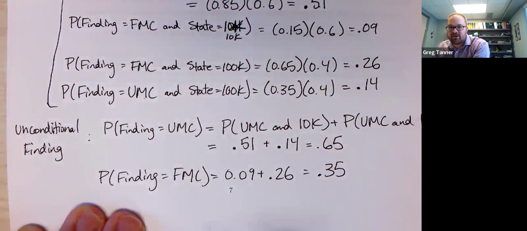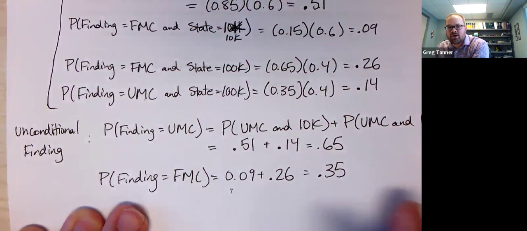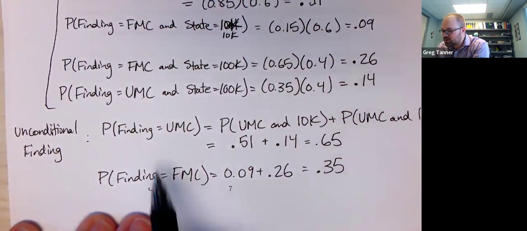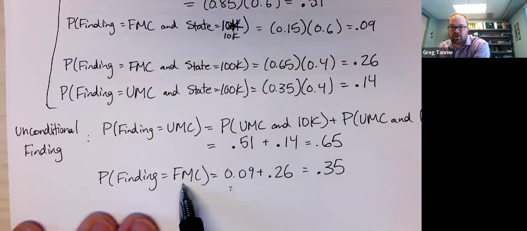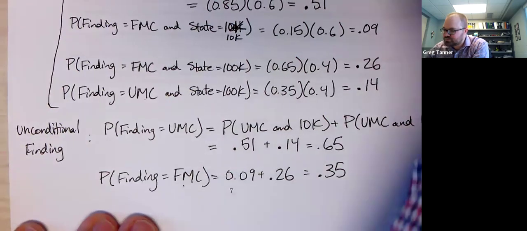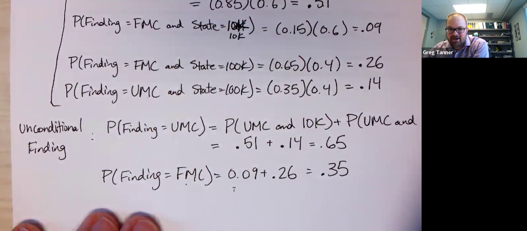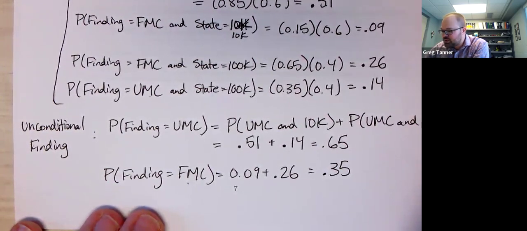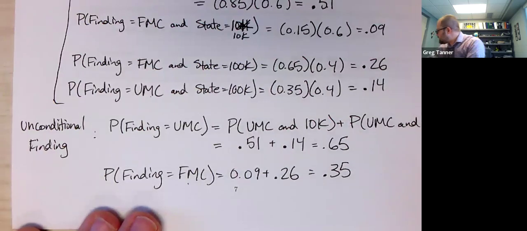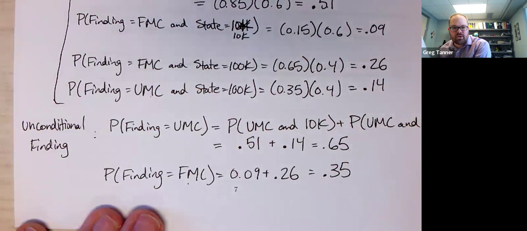From our accuracies and our prior probabilities, we know that it's actually more likely to get an unfavorable market condition finding than a favorable market condition finding. So given our accuracies and our prior probabilities, we can compute the likelihood of each of the experimental findings.